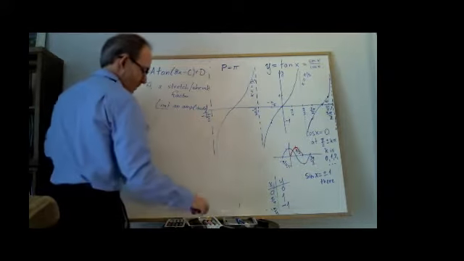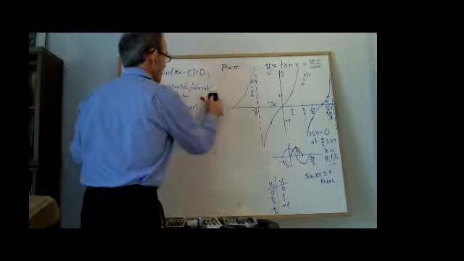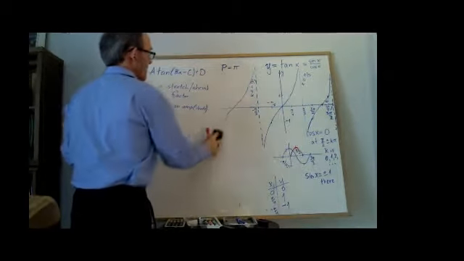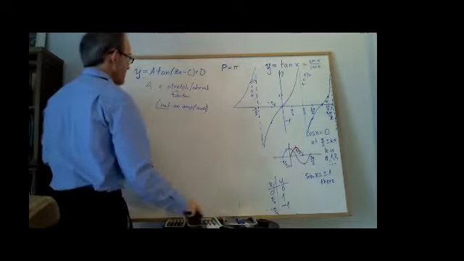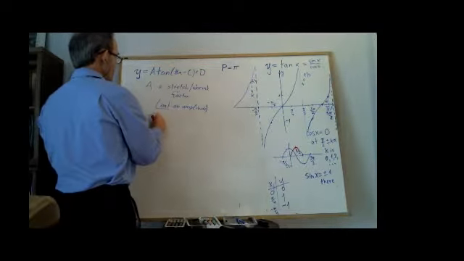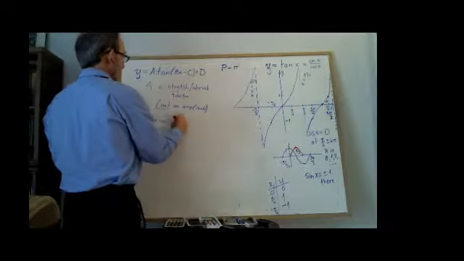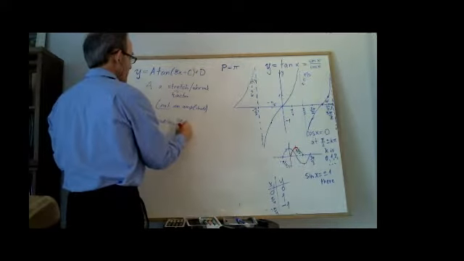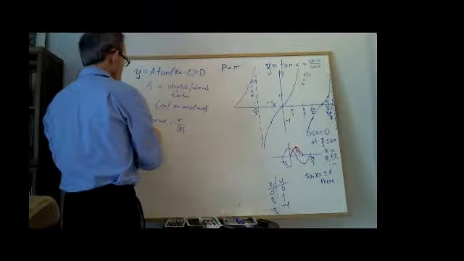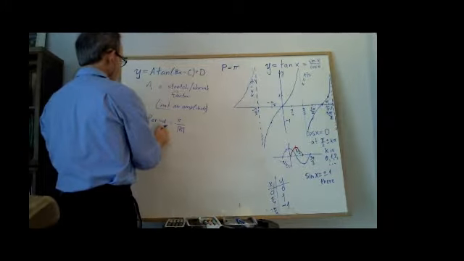Okay. So erase this here. Okay, and B, the period now will be pi over the absolute value of B. And we'll also get a shift.